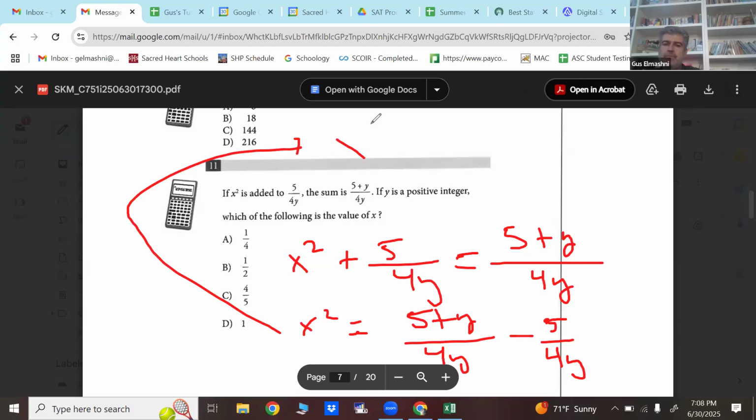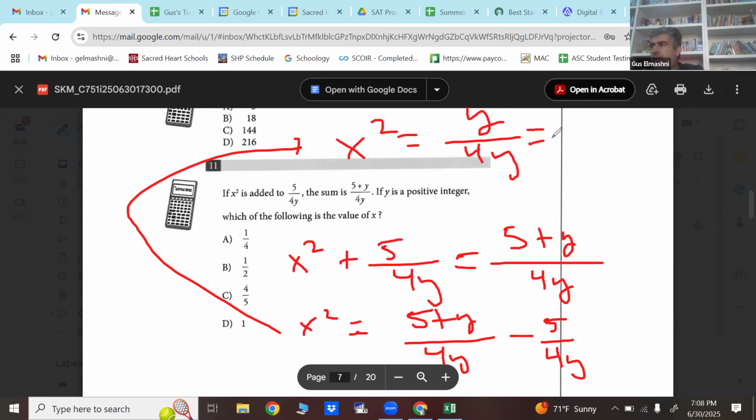Okay, so far okay. I made an equation with the words. I combined the fractions. So what happens when you have two fractions with the same denominator? What can you do with the numerators? Just combine them.